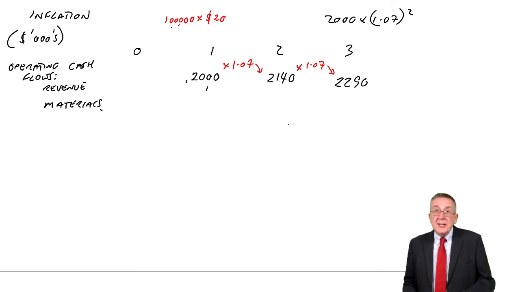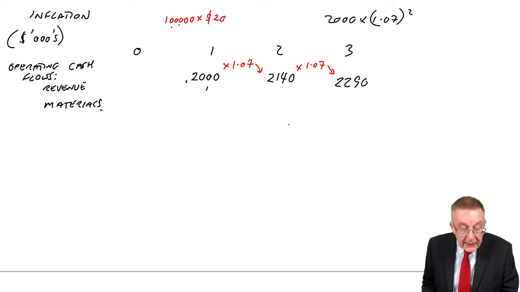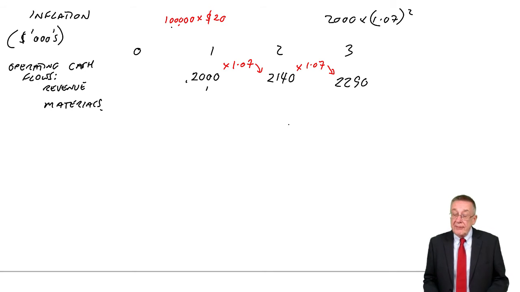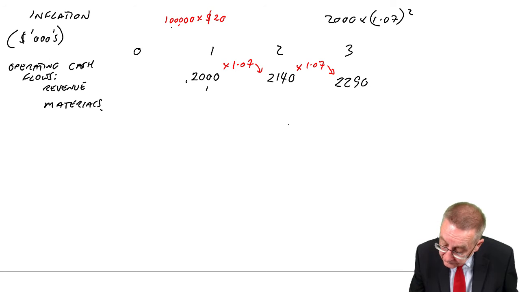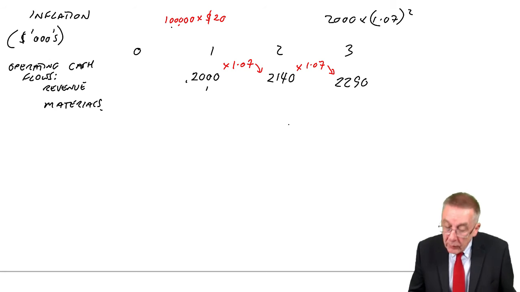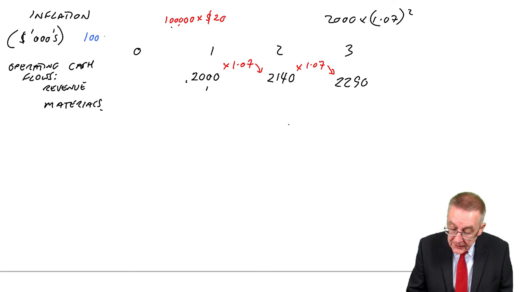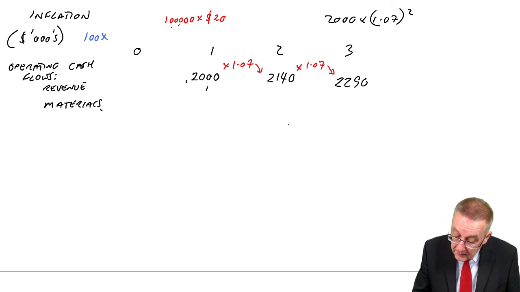And so the price we'll pay in the first year won't be $8 at all. It'll be $8 plus inflation. And so what will it be? If I work in thousands again, it's 100,000 units. At current prices, it'd be $8.